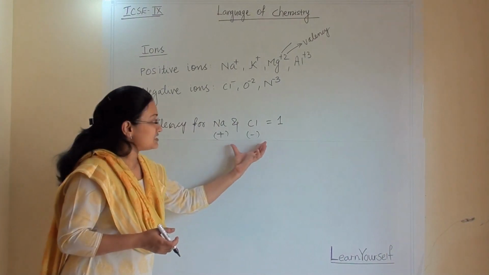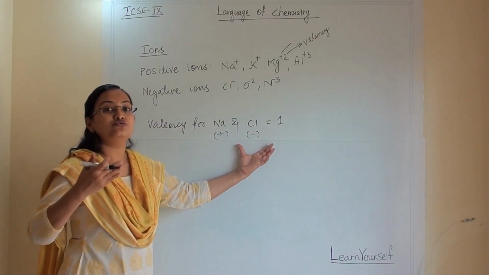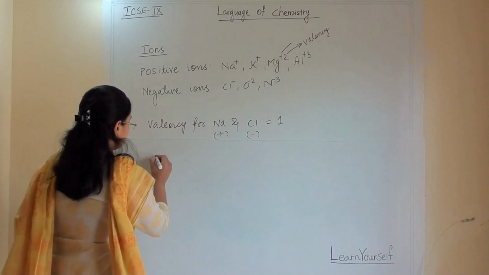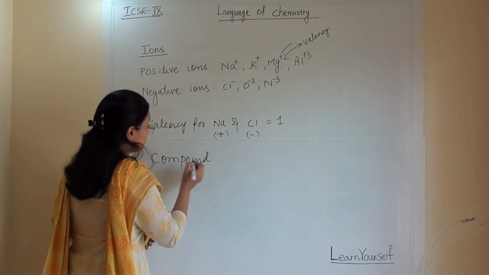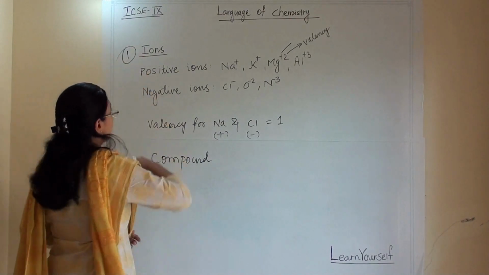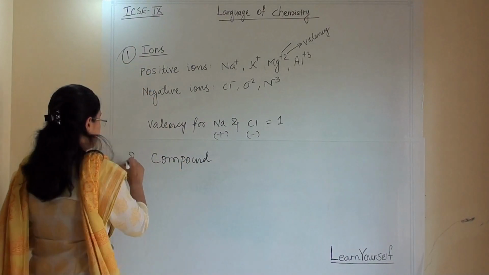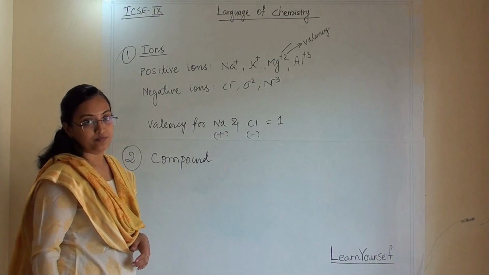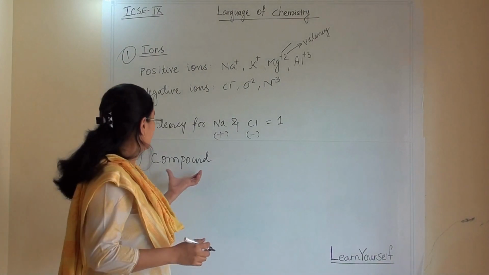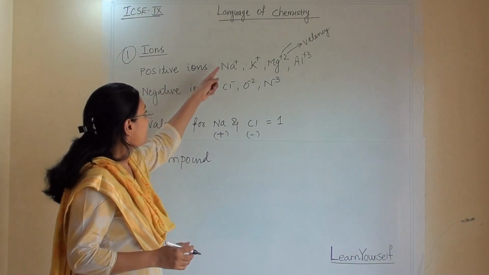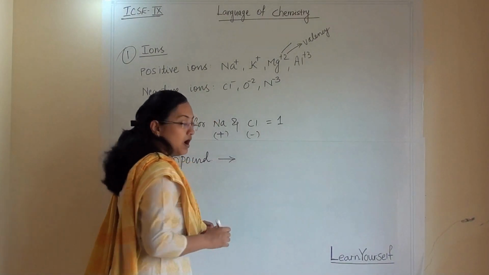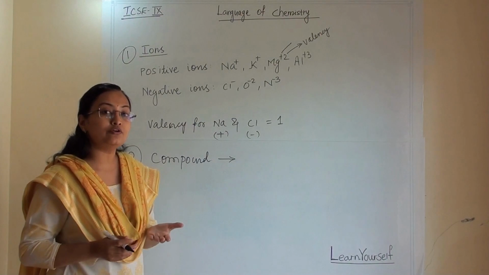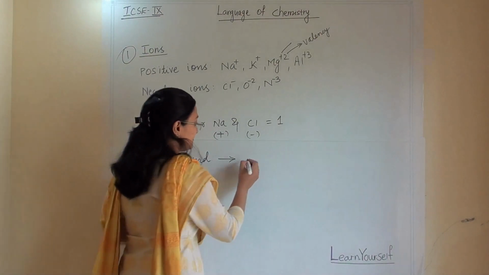From this, we are going to form a compound. So the first step is ions, the second is compound. How are we going to write a compound from these two ions? How can we write a molecular formula from two different ions?